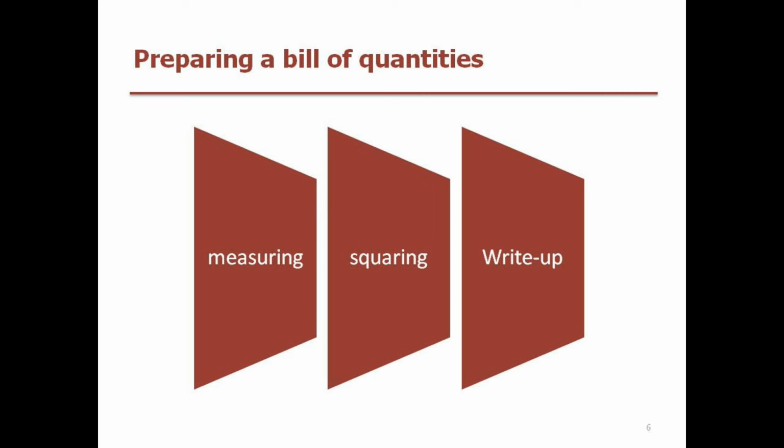The squaring up, which is where all the volumes and so forth are calculated and you create a final number. And then the write-up, which is actually putting together the real description for each one of those measurement quantities into a clearer picture, which is for the builder to price.